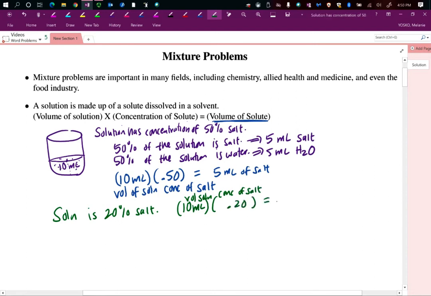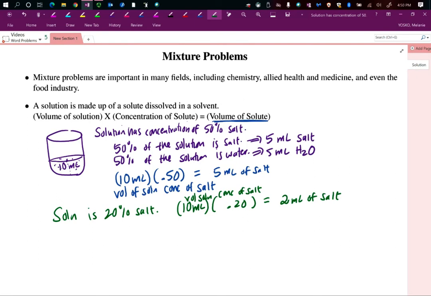If you multiply 10 milliliters times 0.2, you have 2 milliliters of salt. Hopefully that doesn't come as too much of a surprise. We're just looking at what percentage of the solution actually is solute, which is the thing that's being dissolved.